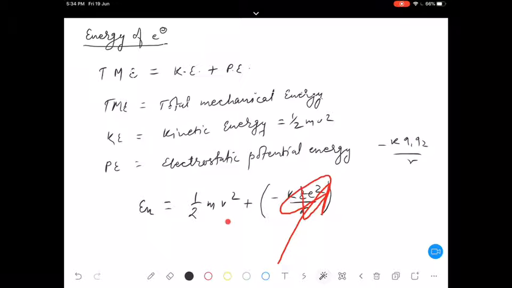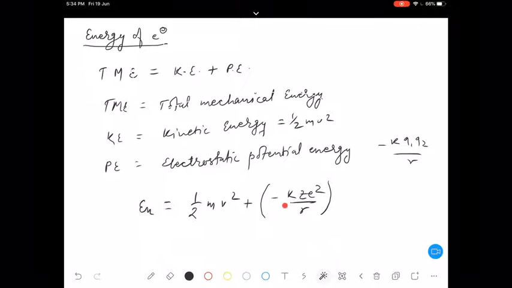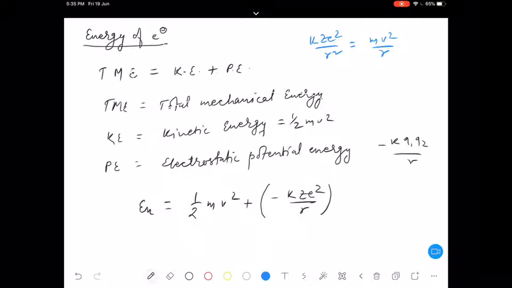Or we can write that here, either you have to put the value of v and r, or what you can do is just remember that first formula which we said, where you balanced the centrifugal force and electrostatic force: k z e square by r square was equal to mv square by r, if you remember.